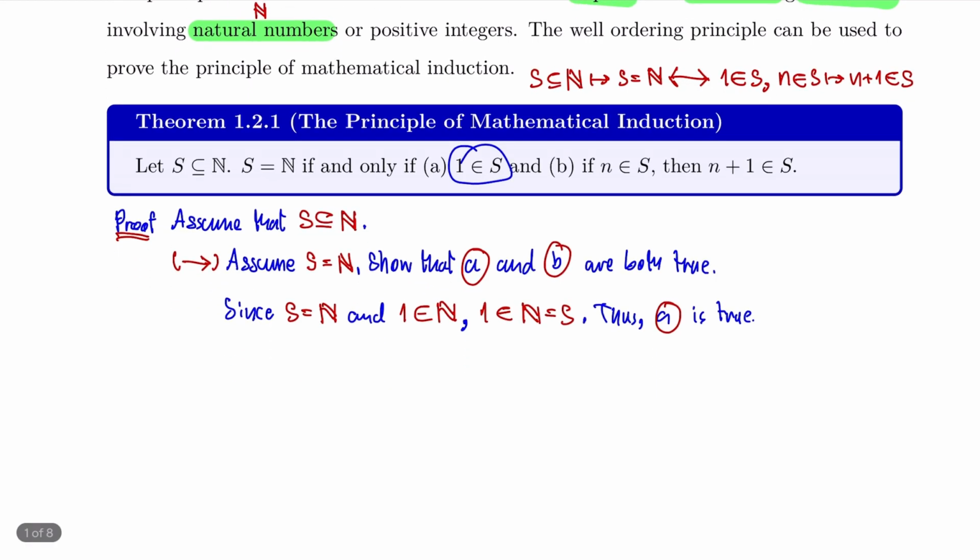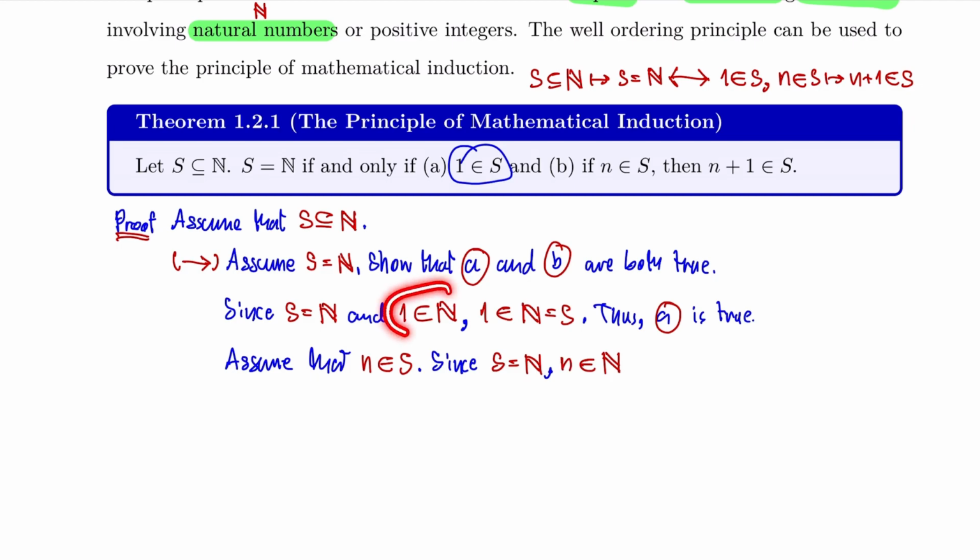Now let's prove B. To prove B, we have to assume that n is in S and then show that n plus 1 is in S. So assume that n is in set S. Since we know that S is the set of natural numbers, n is in the set of natural numbers.